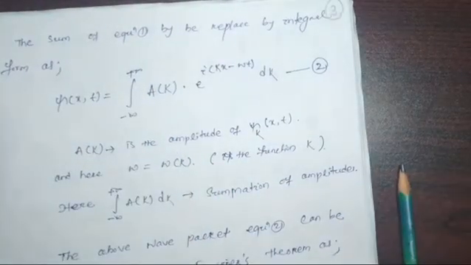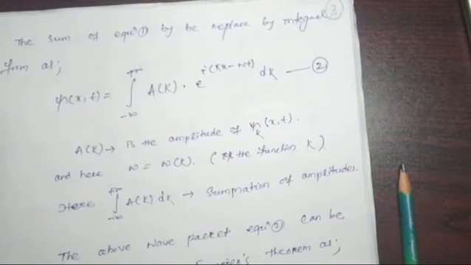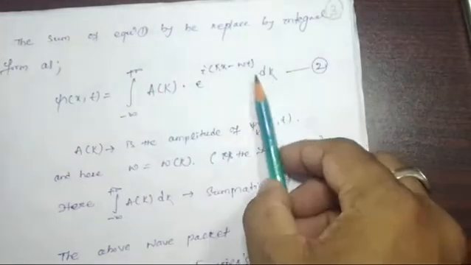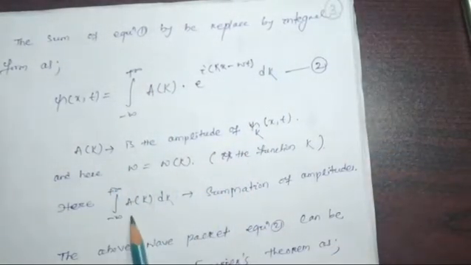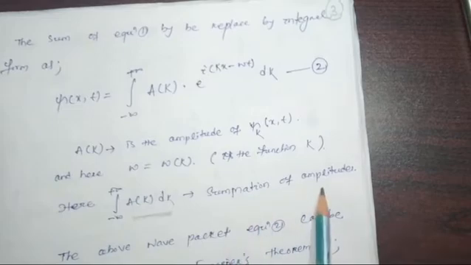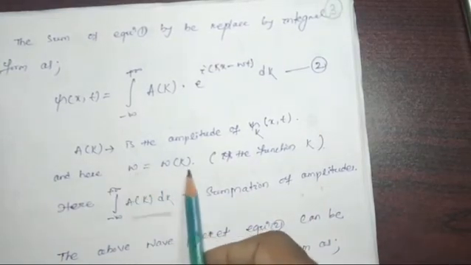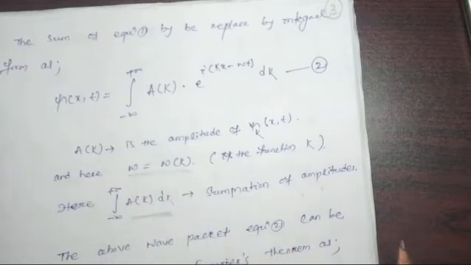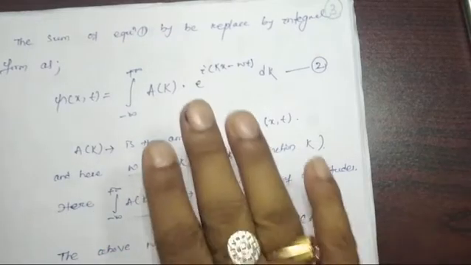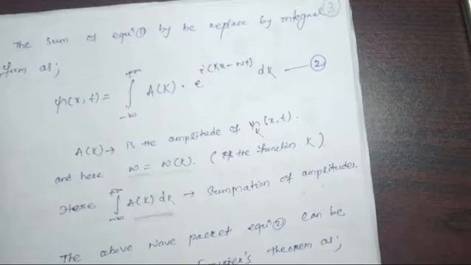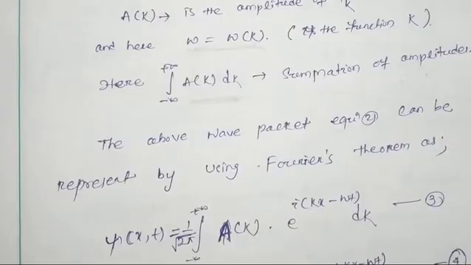It has the corresponding wave numbers, and this is A(k) dk. Here A(k) dk is the summation of the amplitudes, and omega and k are both interlinked with each other. Here k is varying, that means omega is also varying with it, and vice versa.